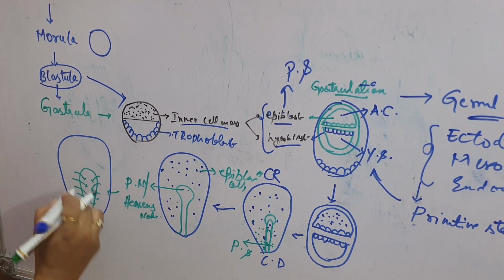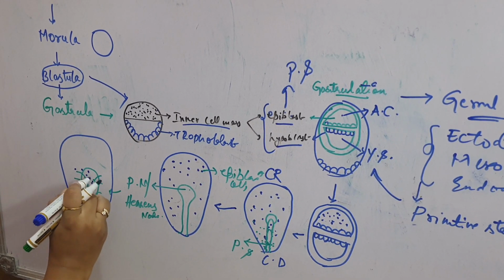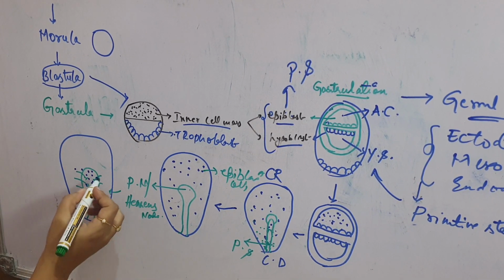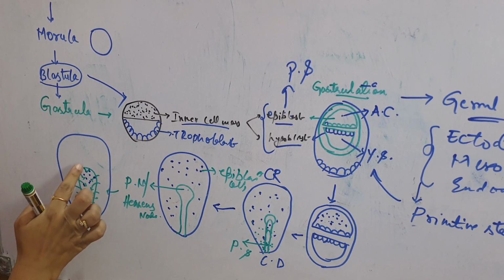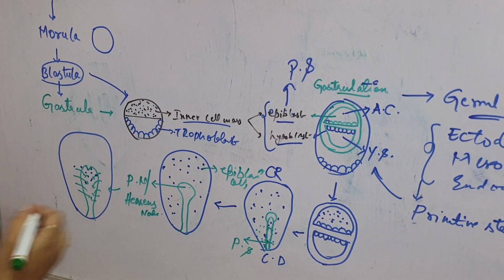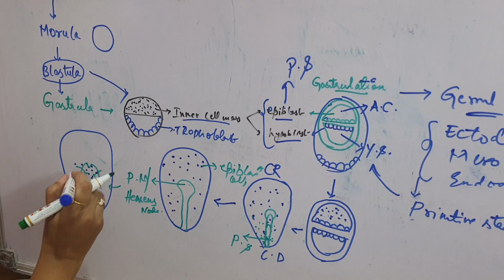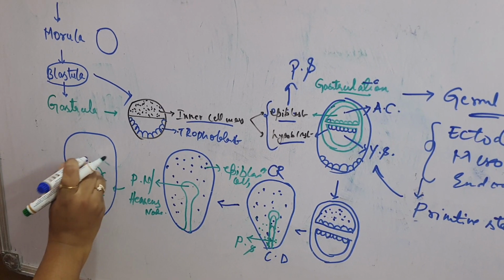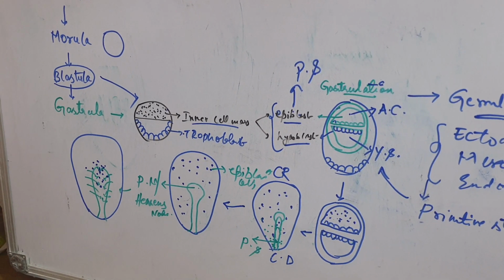Before this, a small invagination is formed at the cranial end of the primitive streak. So from this invagination, the cells of the epiblast will come and invaginate.